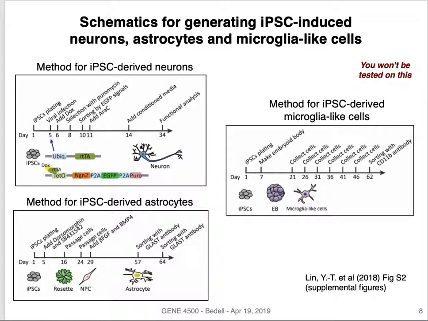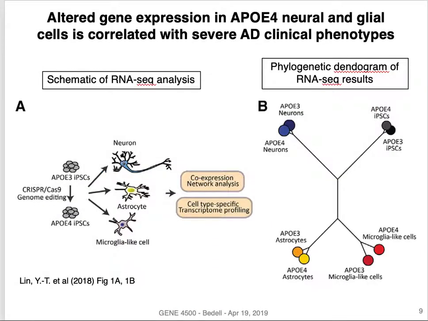That was important too, because they need to make sure whether the ApoE genotype is having a global effect on either differentiation of the cells or making them look different than the others. Now, this is really pretty striking, this difference between the microglia cells depending on genotype.